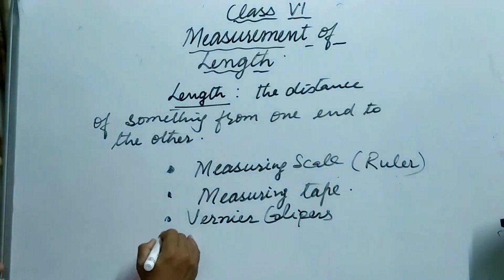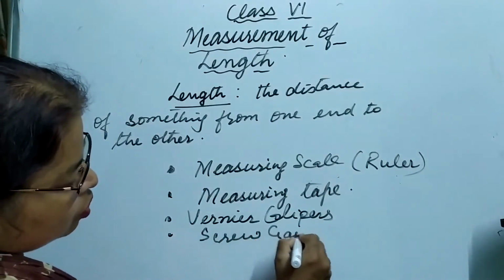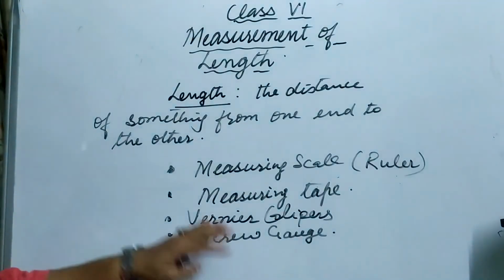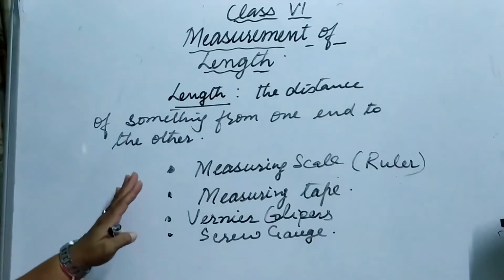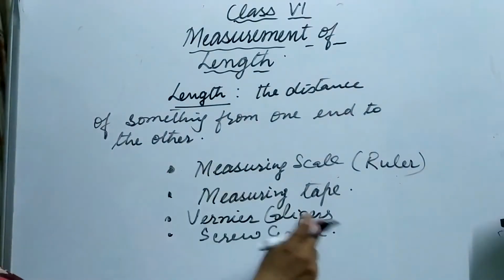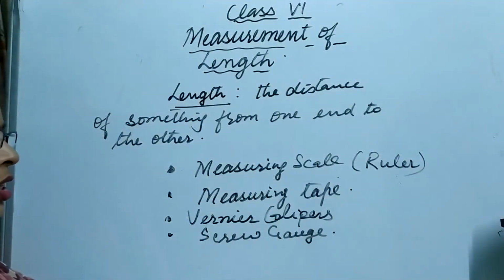And the other one is the screw gauge, S-C-R-E-W G-A-U-G-E. Okay, so these are the different devices used to measure the length. They can measure up to meters, and they are used to measure smaller lengths, even less than a millimeter.